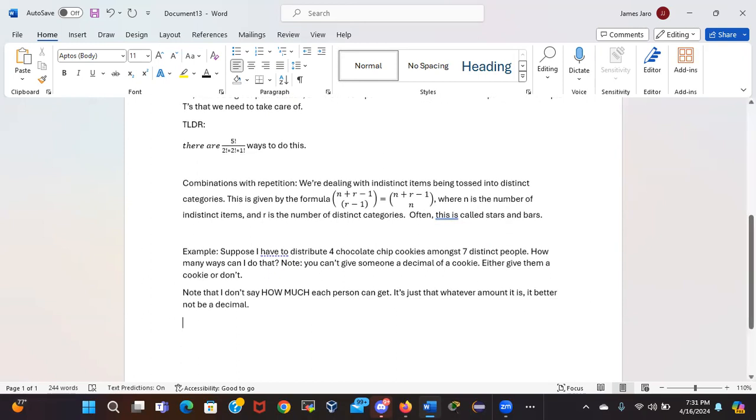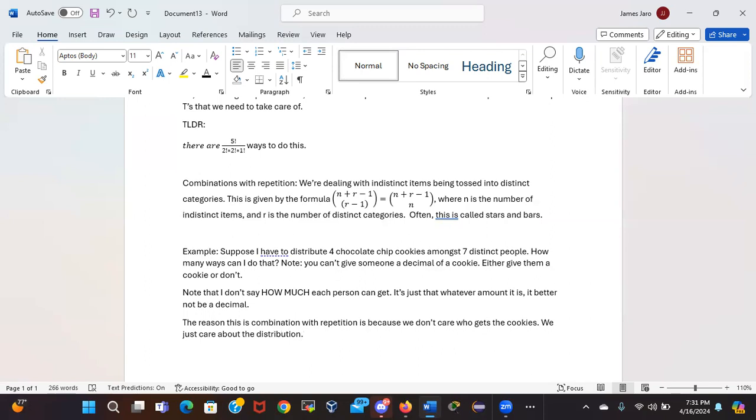Someone could get 2 or 3 cookies, because, favoritism and all that stuff. Makes sense? So the reason this is combination with repetition is because we don't care who gets the cookies. That's irrelevant to us. We just care about the distribution.